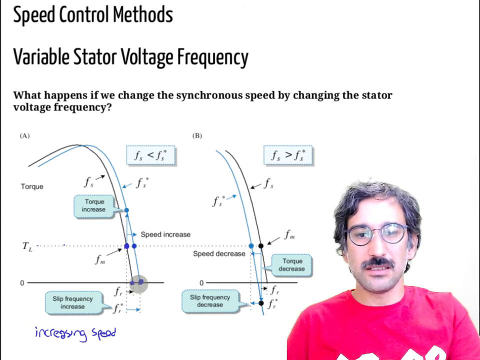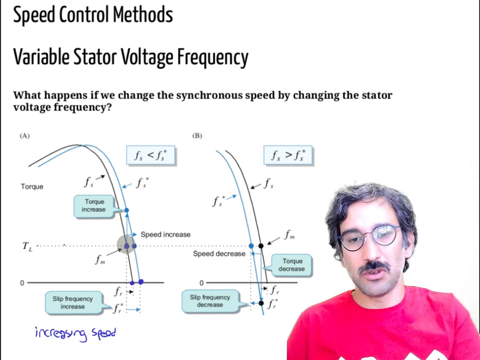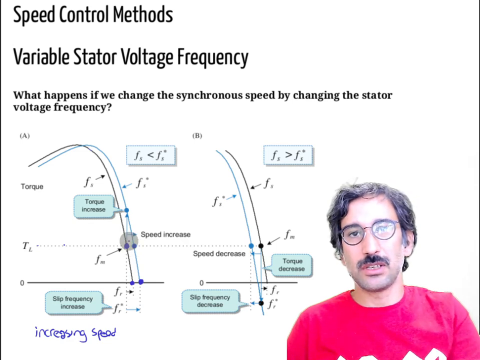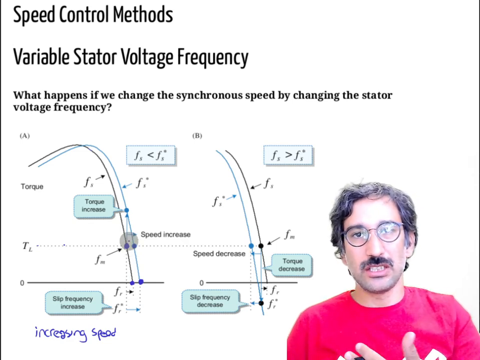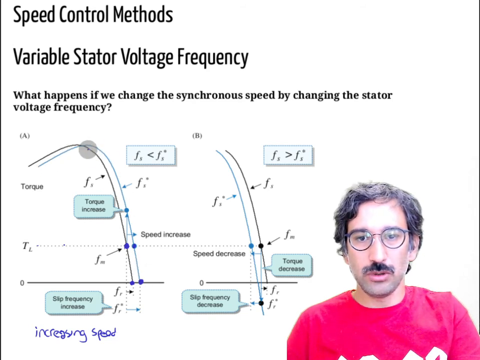As the synchronous speed changes, again, you cannot make an initial jump from that speed to that speed. The speed cannot change instantly. So what happens is you change the applied frequency. Suddenly now the machine characteristics are at the blue line, and I am still running at the same speed.